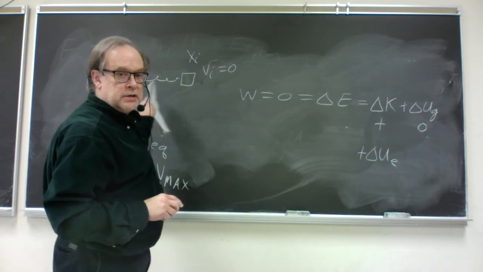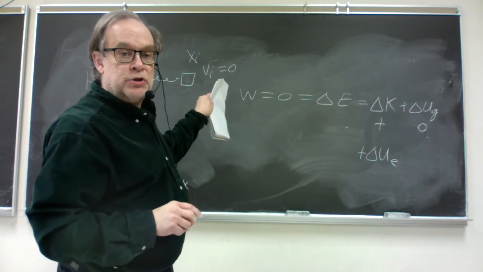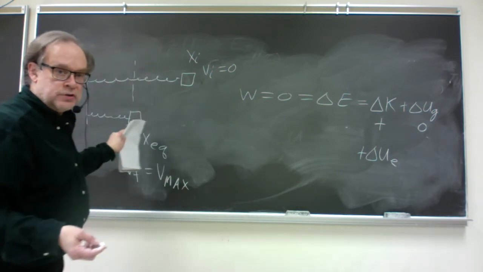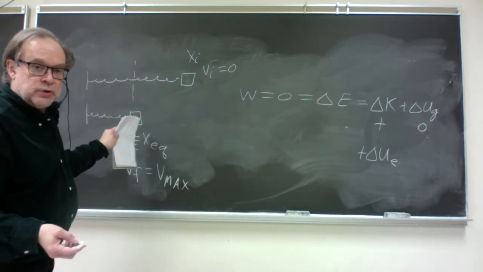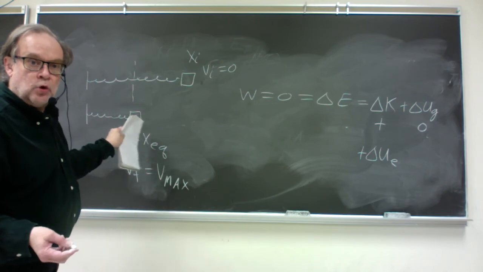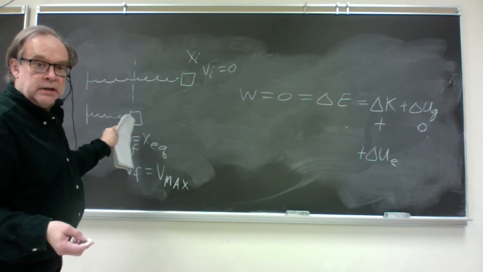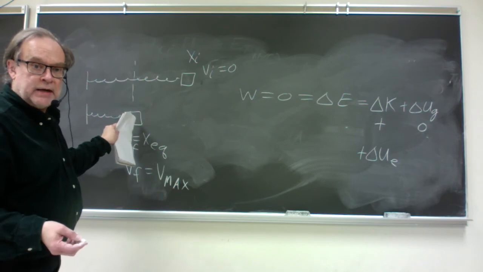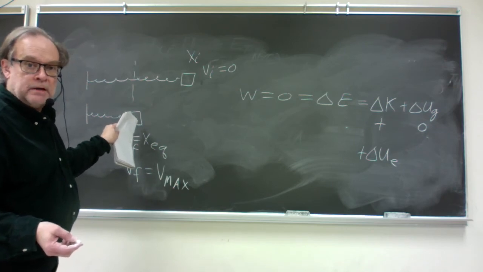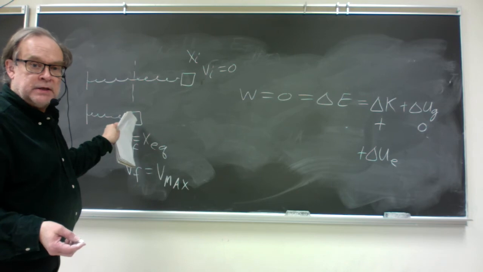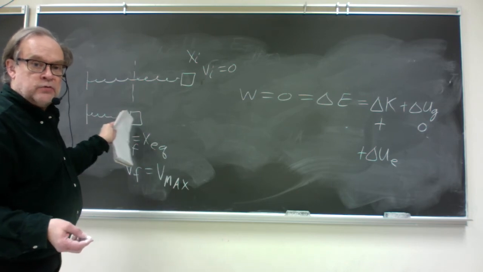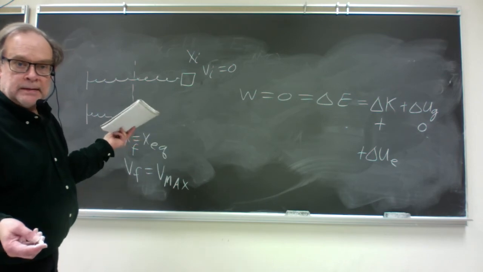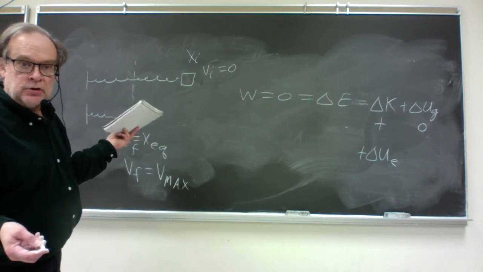In the initial state, the spring was stretched, so it had potential energy. In the final state, the spring is not stretched at all. It's at its normal equilibrium shape, its equilibrium location. The free end of the spring is right at equilibrium. So there's no displacement of that free end away from equilibrium at all. So there's no more elastic potential energy.